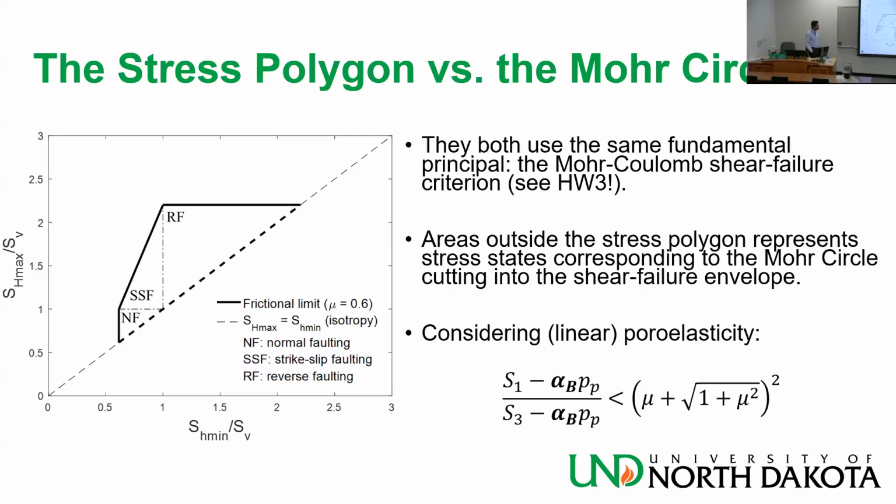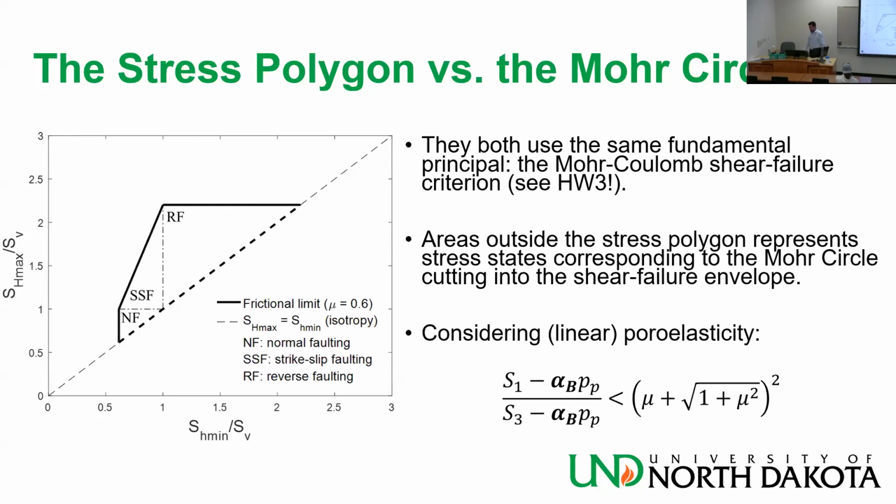So the higher the value of alpha B, the smaller the polygon becomes. Okay, so low alpha B values make the polygon bigger, from my understanding. Is it the friction?